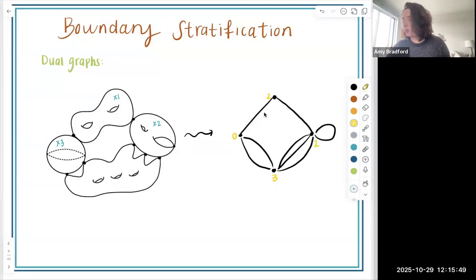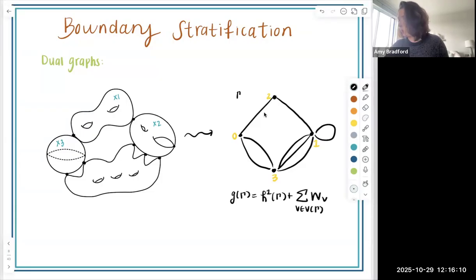The reason that we do that is that we can then define the genus of this graph to be the first Betti number of the graph, plus the sum of all the weights on the vertices inside of my graph.